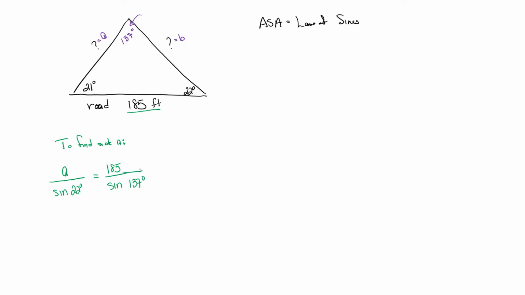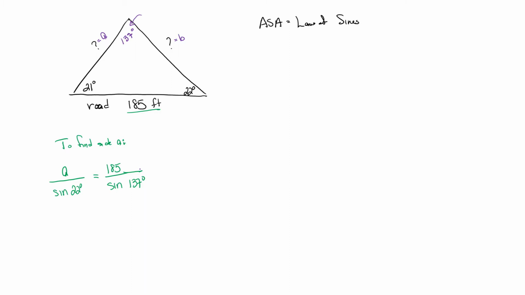Cool? Okay, now some of you may be going, now wait a minute, wasn't the law of sines have the sine on top and the side measurement on the bottom? That's true, but the great thing about proportions is you can always flip them over and you still get the exact same answer regardless. And since I don't like to have a variable on the bottom, I'm going to set it up with my variable on the top.